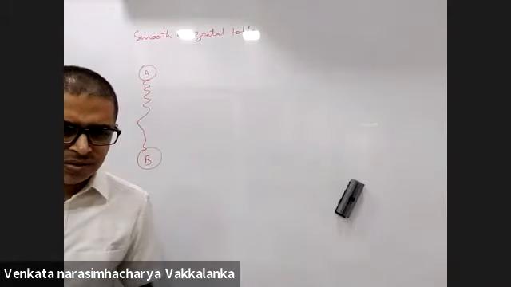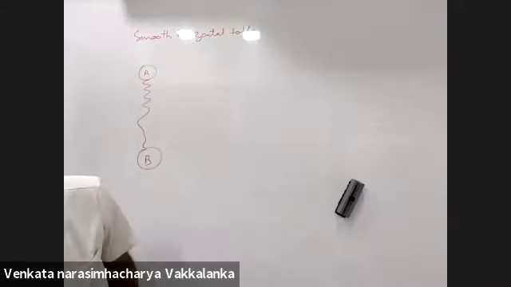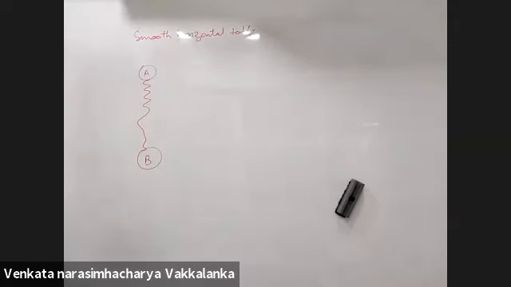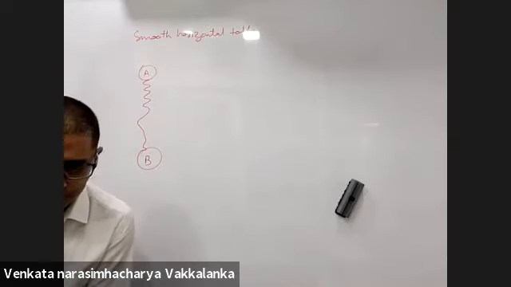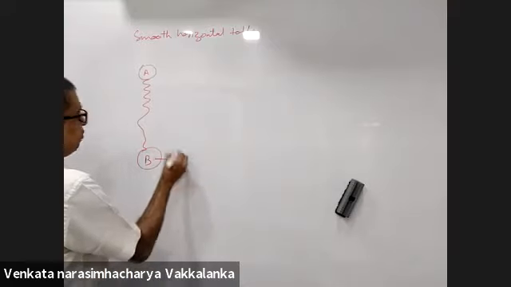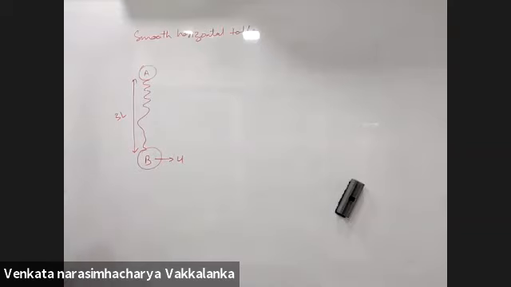You are seeing from the top view, right? It is a smooth horizontal table. Now, you have given a velocity of u to this. This length is given as 3L, right? This distance.